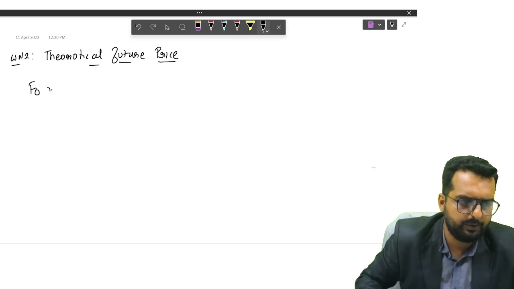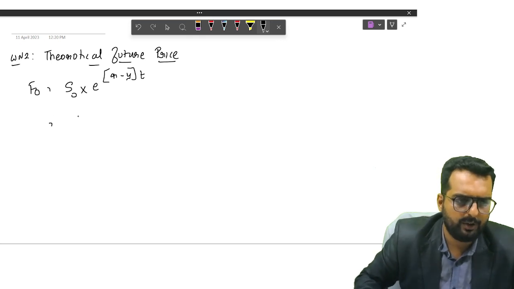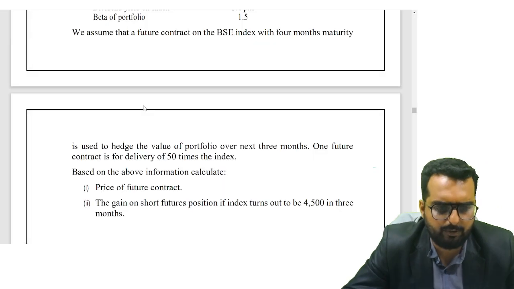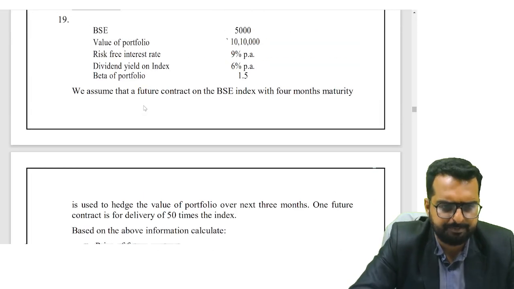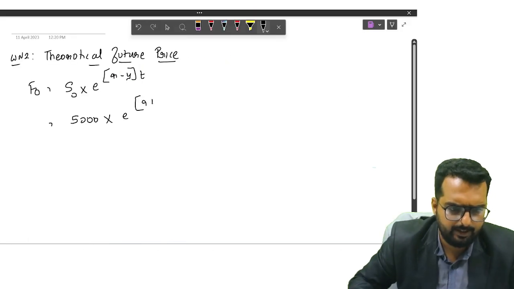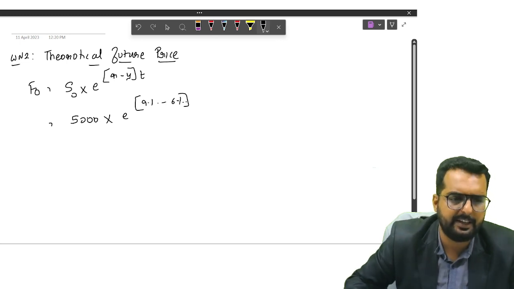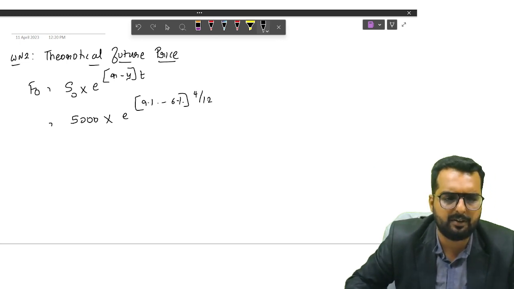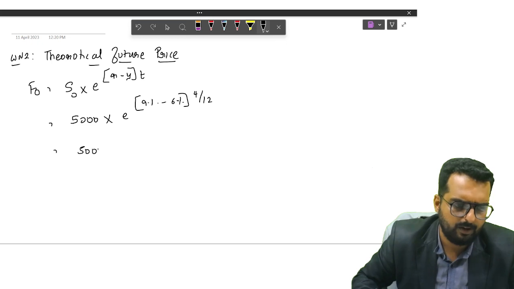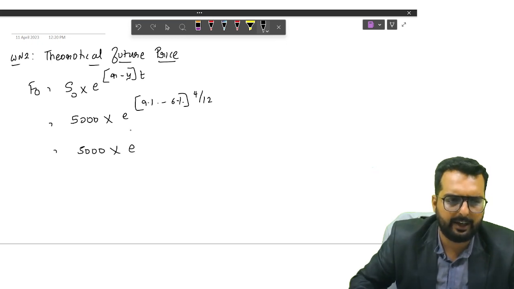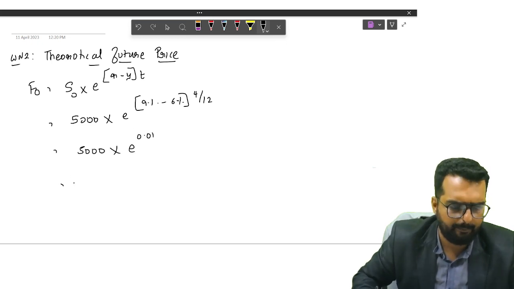The formula for future price is spot price into e raised to (r minus y) into t. So here the spot price is 5000 into e raised to, the risk free rate of interest is how much? 9% minus 6% into time. Time over here is how many months? 4 months. So 5000 raised to, I think it will be 0.01.